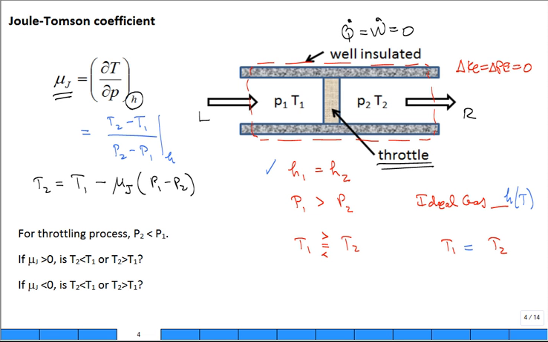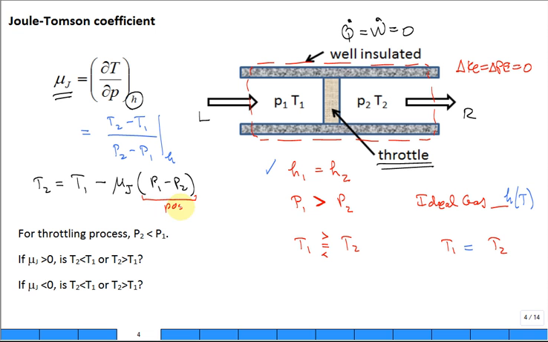Why did we write it like this? Why did we write P1 minus P2? Because P1 is always greater than P2, isn't it? To force the flow through the throttle, it's not going to happen any other way. P1 is always greater than P2. All right, so this is positive.